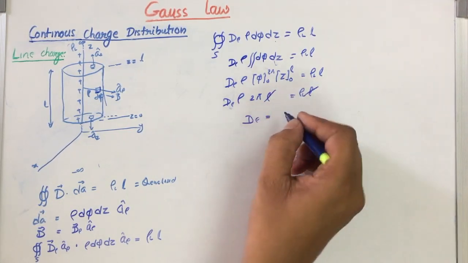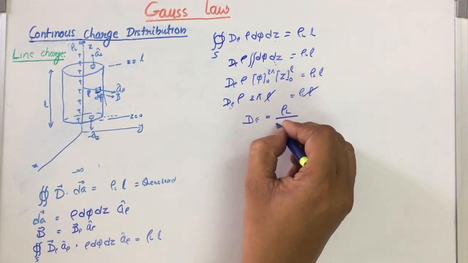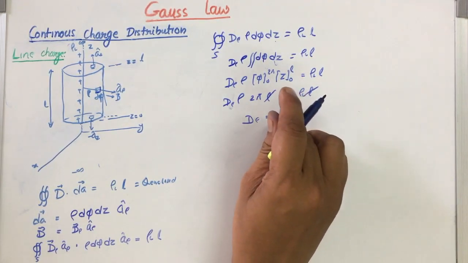D rho will be rho L divided by 2 pi rho.